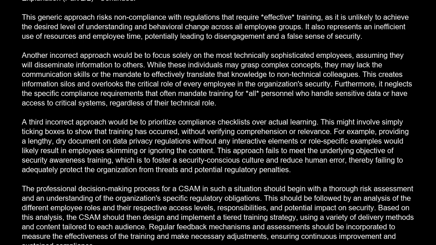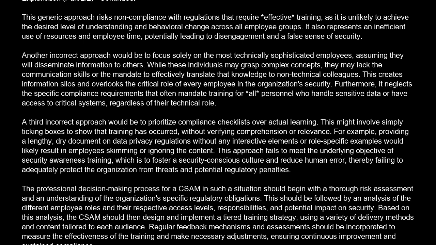This creates information silos and overlooks the critical role of every employee in the organization's security. Furthermore, it neglects the specific compliance requirements that often mandate training for all personnel who handle sensitive data or have access to critical systems, regardless of their technical role.